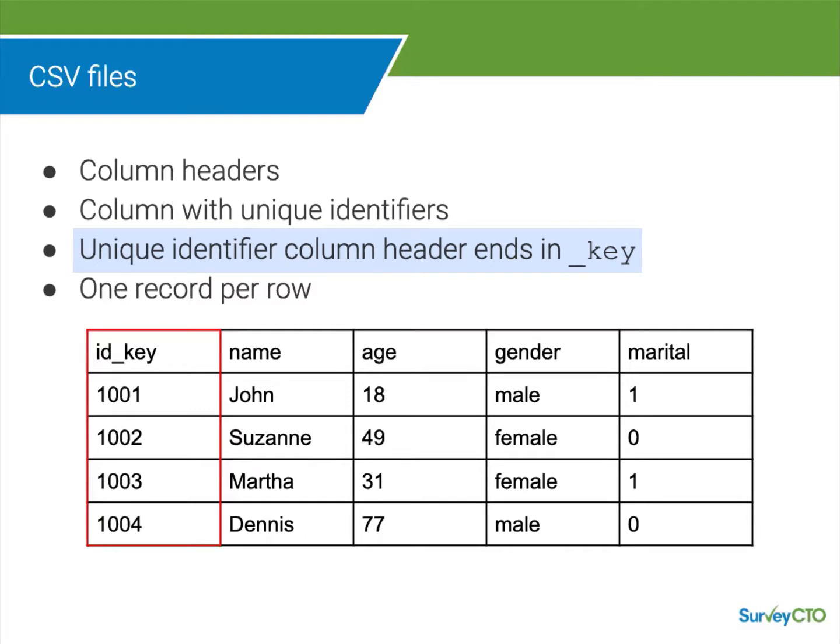We recommend its column header ends in underscore key, since this will improve the performance of preloading. Once you have your column headers and unique identifiers figured out, you can go ahead and add your records with one record per row. The other columns can have matching data. For example, here, multiple people have the same gender or marital status.